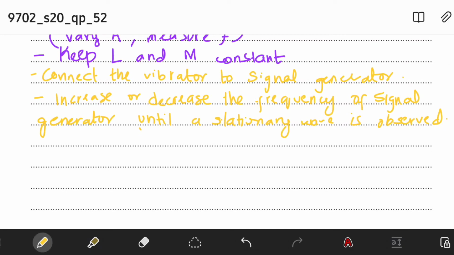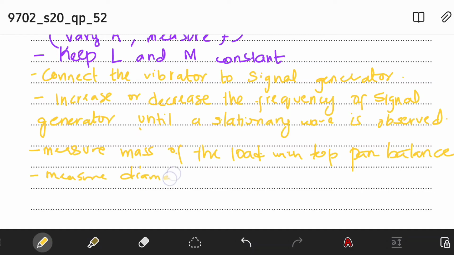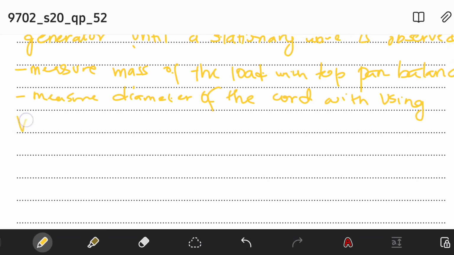So measure mass of the load with top pan balance and measure diameter of the cord, diameter with vernier calipers using calipers.